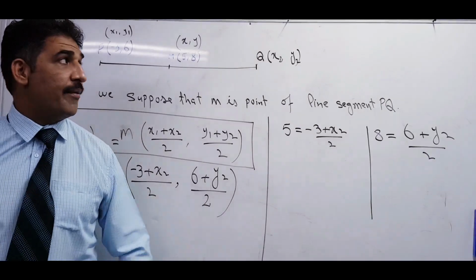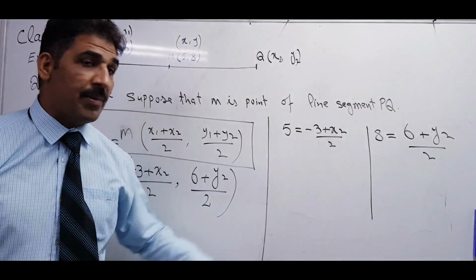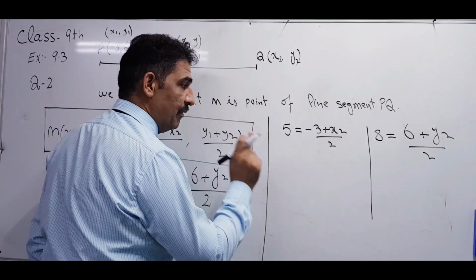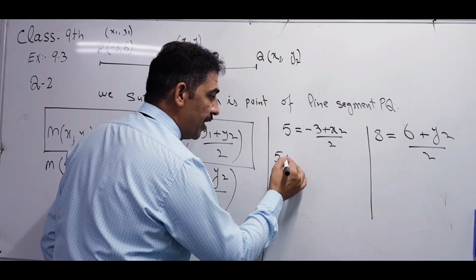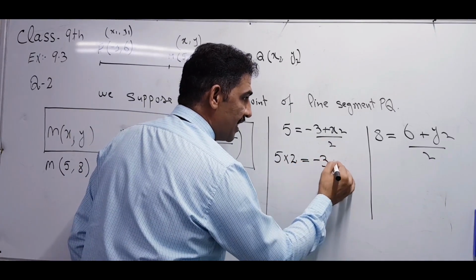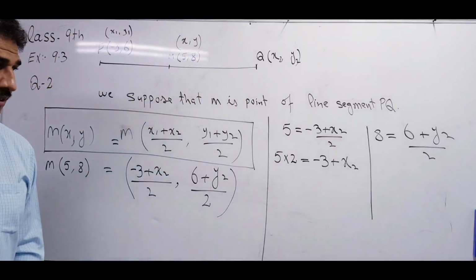Now we have to find out the value of x2 and y2. We have to simplify. So how to simplify here? The first step, yes, 2 is dividing here. When coming to this side, it will multiply. 5 multiplied by 2 is equal to minus 3 plus x2. Clear?